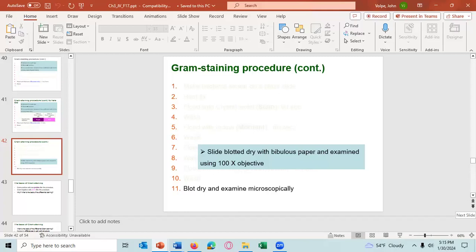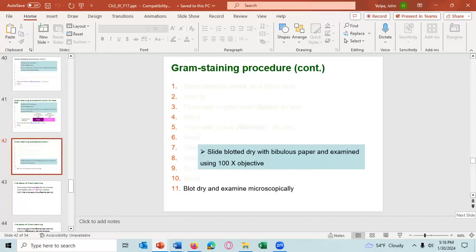That will pull off the cells. All you do is tap it down. Any questions about that? That's what we mean by blot it dry. That will remove enough of the water that you can even put on oil and view the slide on the microscope with oil.